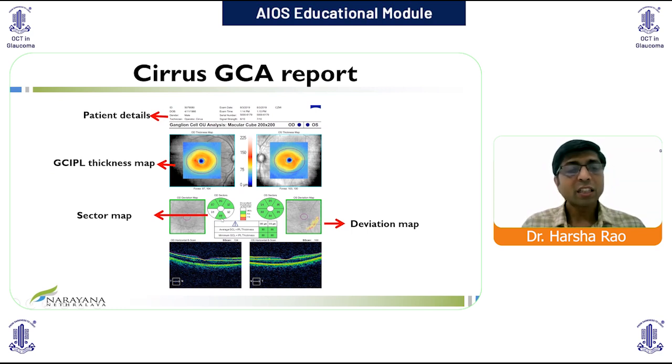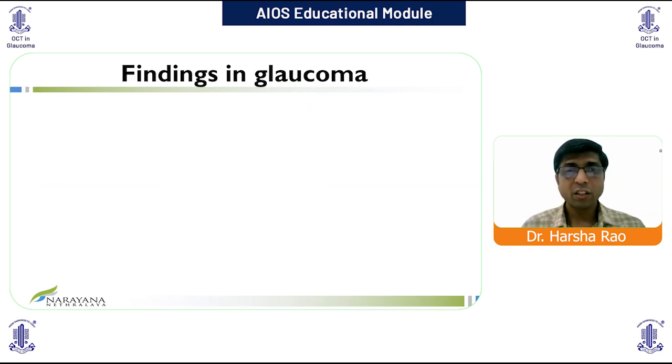Green represents the patient's thickness being between the 5th and the 95th percentile values. And if it is thinner, the thinnest 5 percentile of the values is represented using yellow, or the thinnest 1% is represented using red, as you all know, which we will discuss subsequently. Tomograms once again are used to see how the segmentation of the GCIPL has been done by the OCT machine.